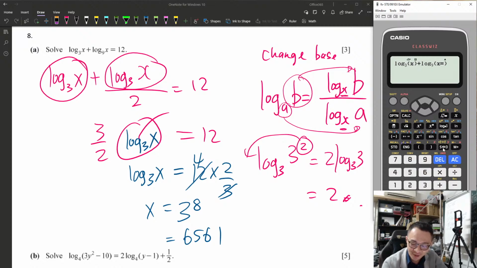Alpha solve. Oops, sorry. Alpha solve 12. Then I ask the calculator to solve. And since I only have one answer, I can just put 10 here, any random number. See, the calculator tells me my answer is 6561. Then I'm very confident my 6561 is correct.